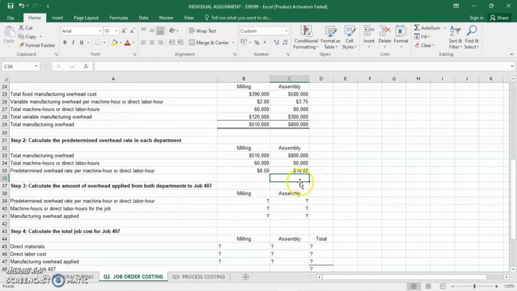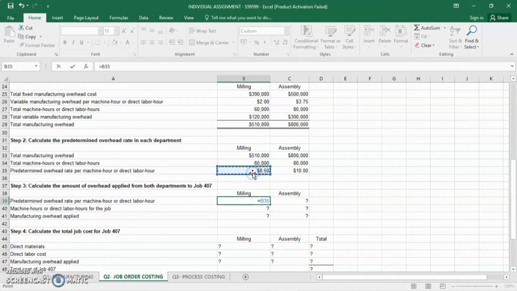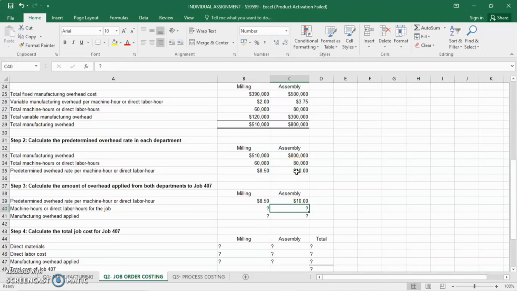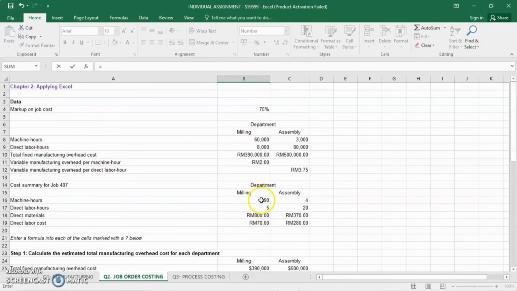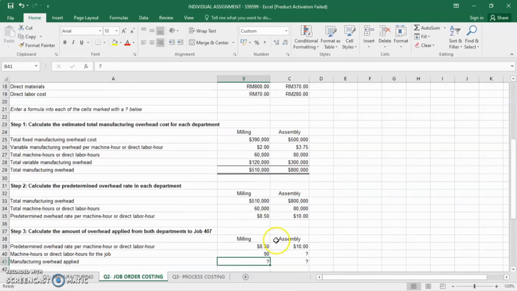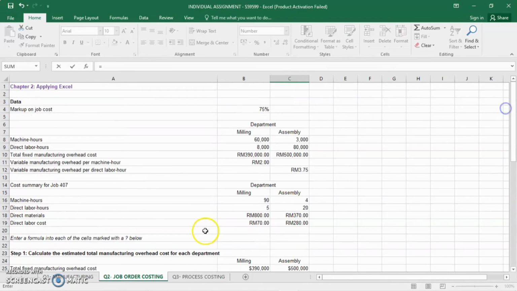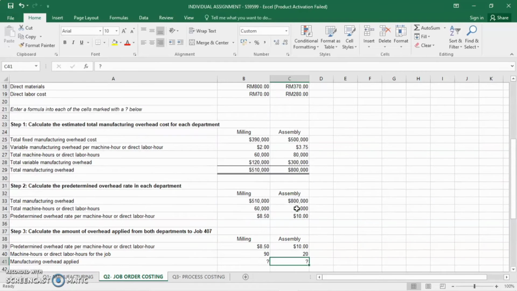Step 3 is calculate the amount of overhead applied. First, predetermined overhead rate 8.5 ringgit, and for assembly 10 ringgit per direct labor hour. Actual machine hours for job 407 is this for milling department, and for assembly actual direct labor hours 20 hours.